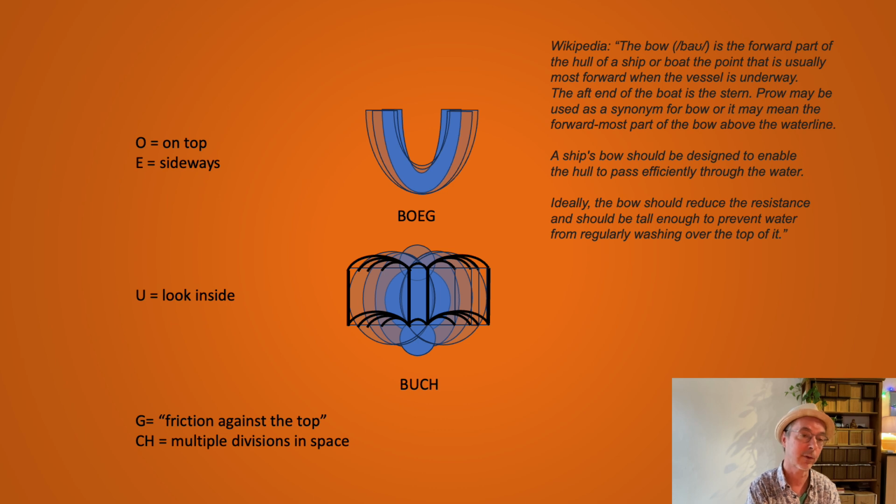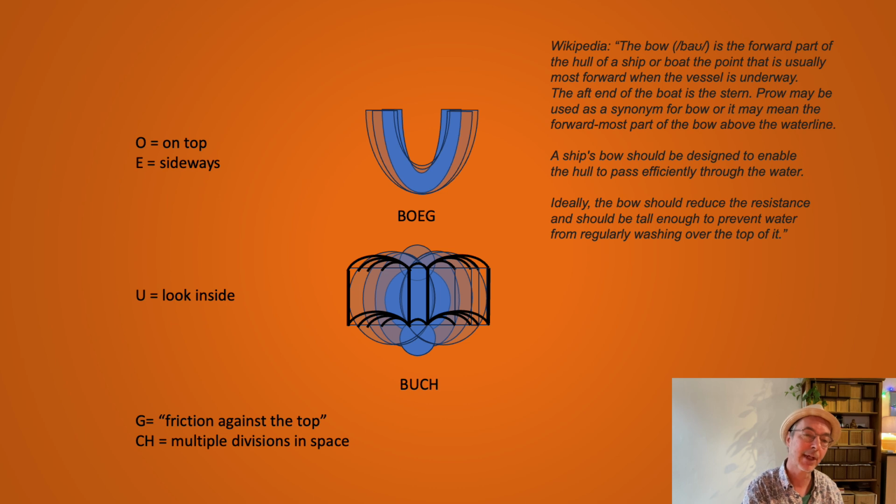And what I also noticed afterwards is, yes, of course, like I said in the beginning, the O is always about the environment, but you also have two different visions. You have the vision on top. O is on top, E is sideways, U is inside, looking inside.